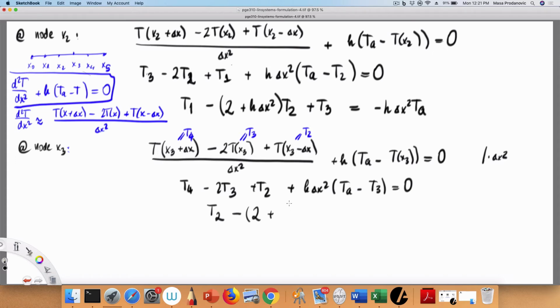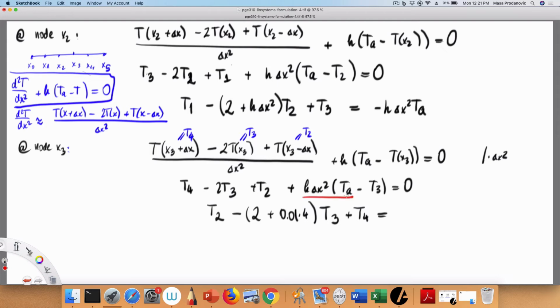It's 0.01, remember? What was delta x? 2 meters, so 2 meters squared times 4, times T3, plus T4. Those are all the things that I don't know on the left-hand side. What is on the other side?